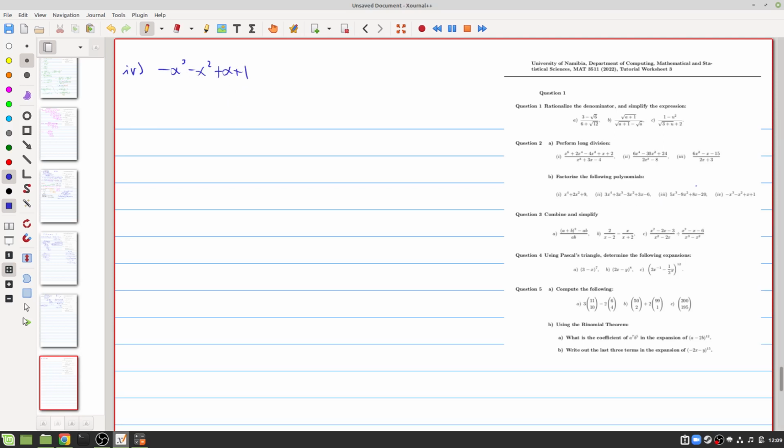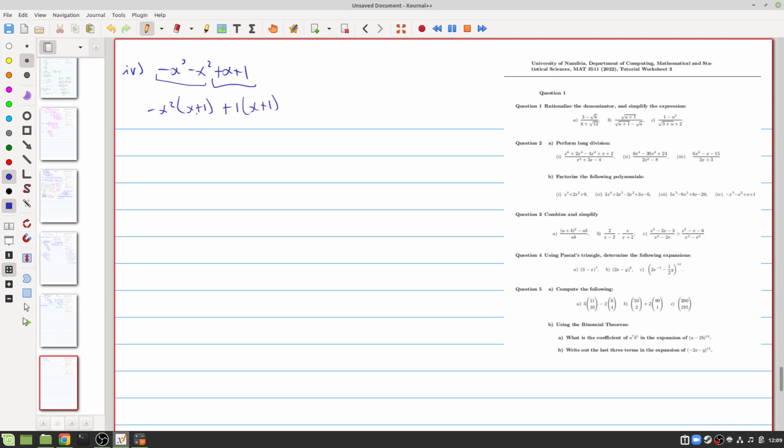We could probably do grouping with these other ones as well, now that I come to think of it. Let's take out a negative x squared. If we take out a negative x squared there, what's left? x plus 1. And here we can take out nothing, so let's just imagine we take out a 1 just to have some bracket here from these two.